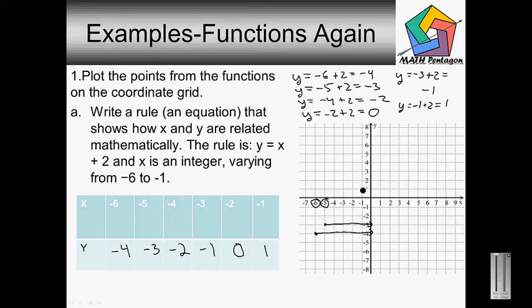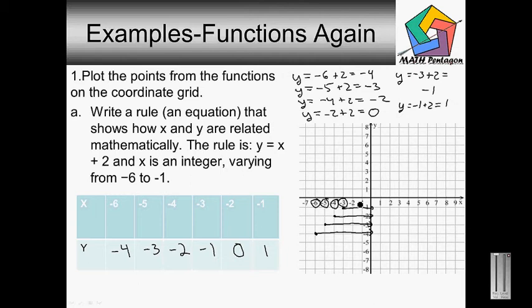Now we have negative 4 as our next x coordinate, and its y coordinate is negative 2, so we place the point right here because it lines up with negative 2 on the y axis. Now we go to negative 3. We put the point right here since it lines up with negative 1, our y coordinate.